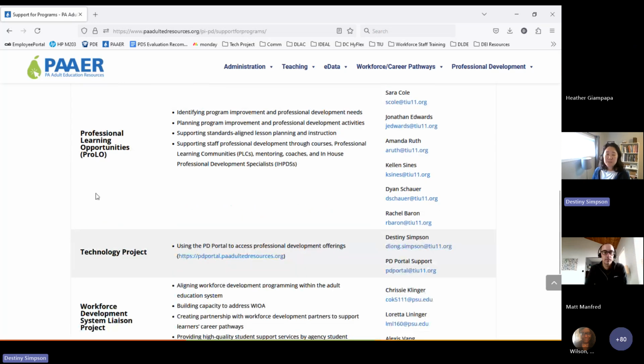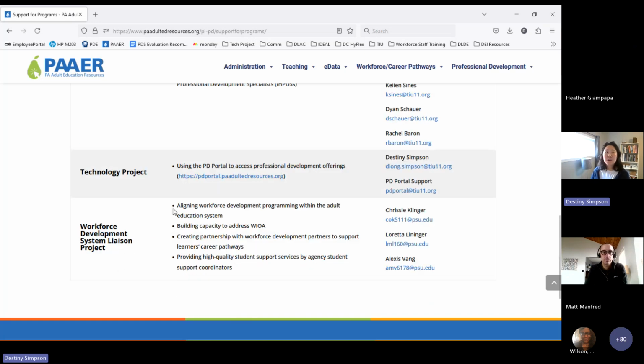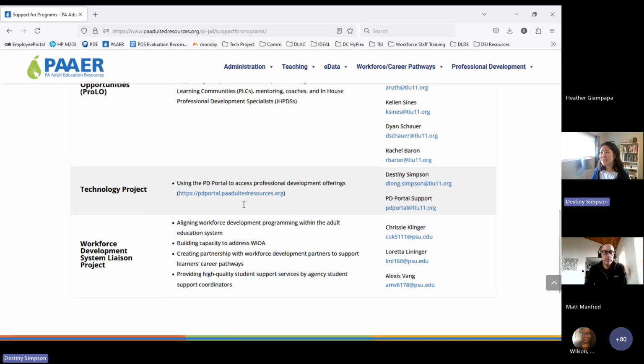The professional learning opportunities help to develop these ELA lines of inquiry, the math curriculum, and the tutoring routines that we talked about. And the Workforce Development System Liaison worked very closely with developing lots of resources or identifying resources that your student support coordinators could use.